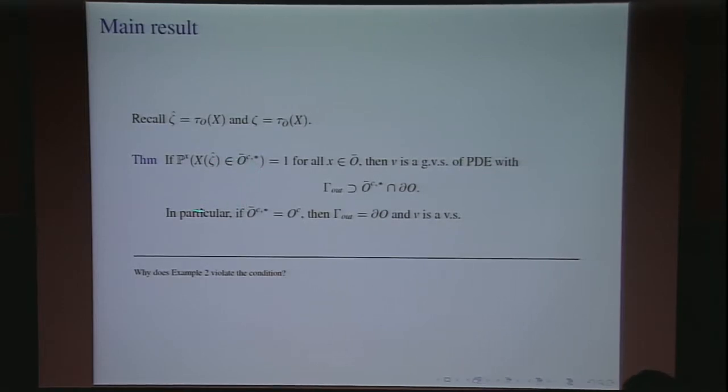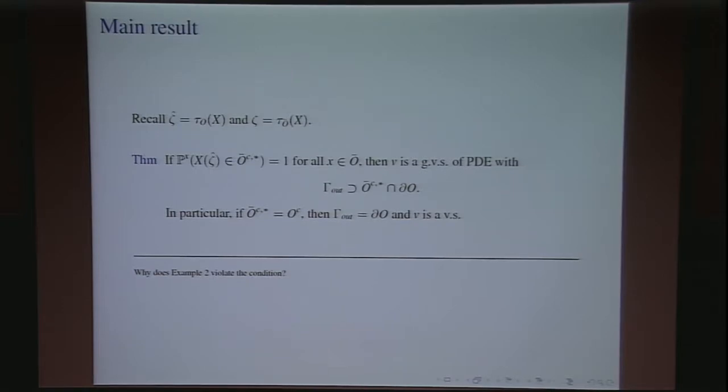In other words, maybe this is the domain now. You can run the process anywhere from X. If you go out, suppose this is the regular part and this is the irregular part, then when it goes out, it must go out from the regular part, and before that you never touch the irregular part.